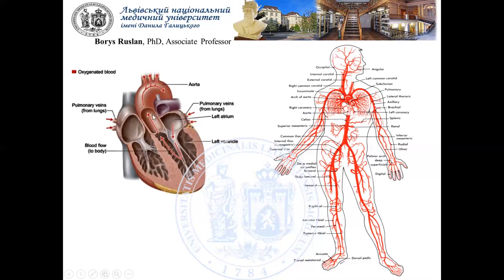After this, the blood goes into the lung, takes oxygen, and clean arterial blood goes through the pulmonary veins, left and right, into the left atrium, then from the left atrium through the mitral valve into the left ventricle, and once more the big circle starts.